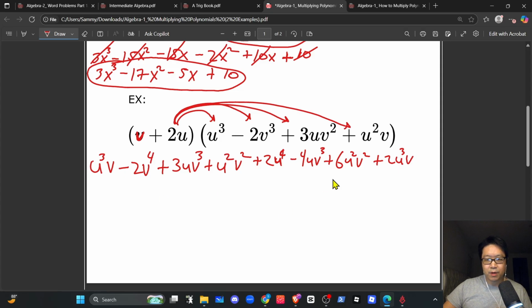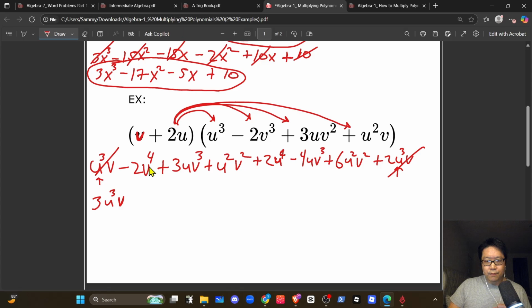Now that we've done the hard part, all we have to do is combine like terms. There's a u cubed v and a 2u cubed v, so we can combine those. That's going to give us 3u cubed v.